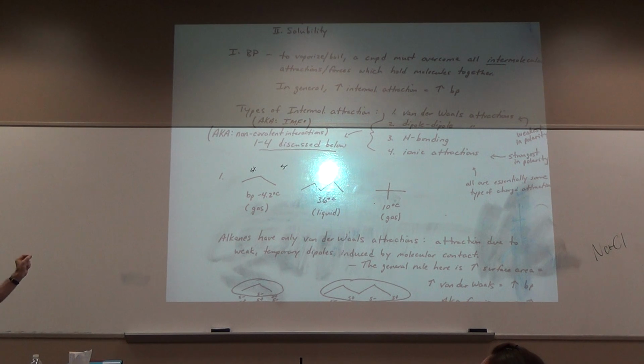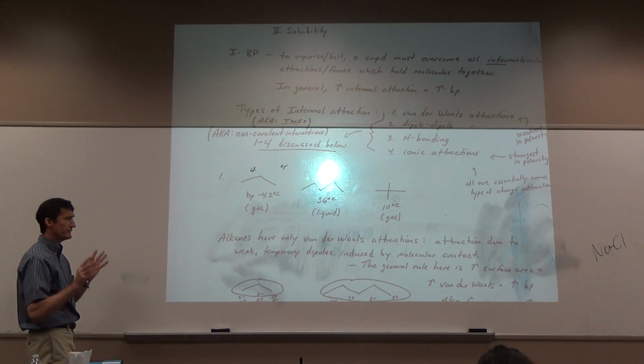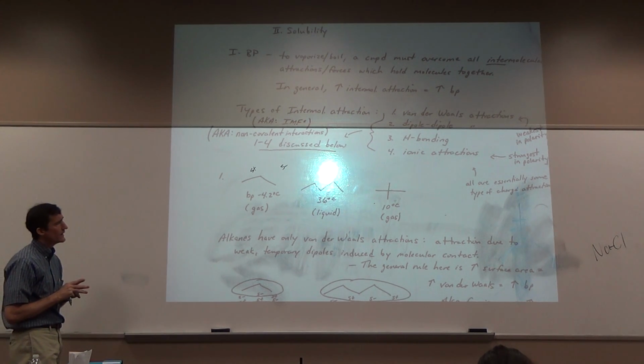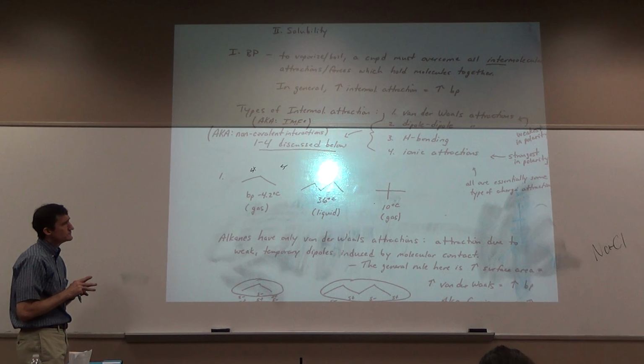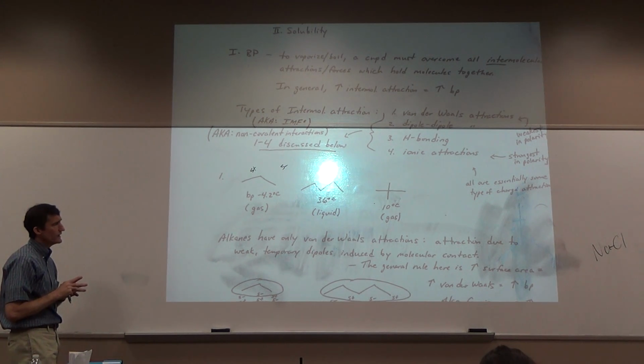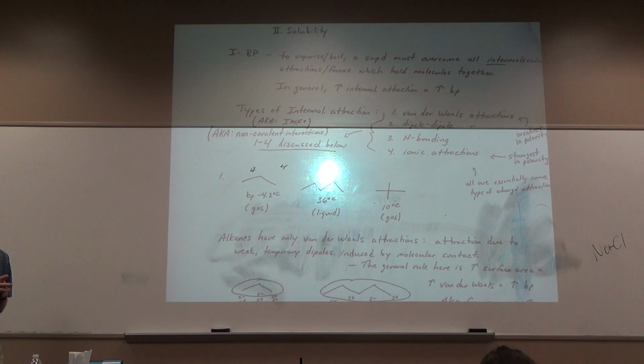And as soon as one molecule is influenced and it becomes polarized for some reason, then it can induce the next door molecule to become polarized. And so you get this induction. Very weak. You'll talk about electrical polarization in physics.